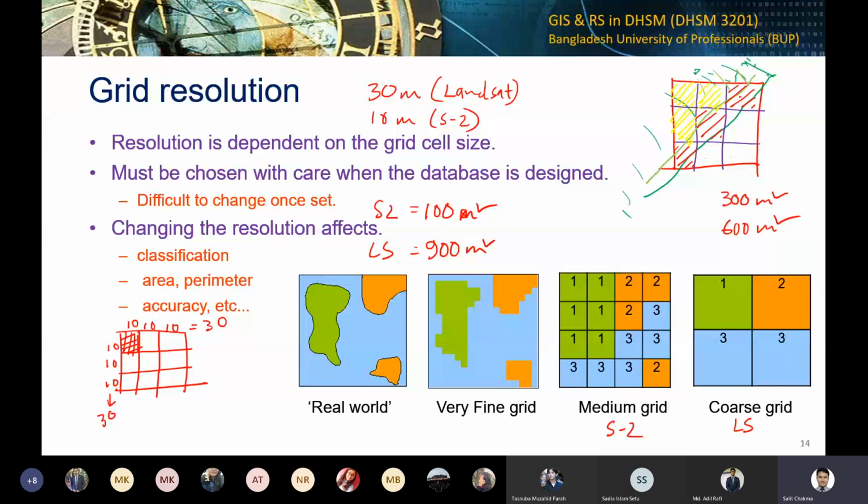So now this is just a single pixel. I'm only talking about, for example, 900 square meters. Since this is a single pixel, so this is 1 pixel. So I'm only talking about this 900 square meter scenario. In the 900 square meter scenario, it says that you have lost 600 square meters.